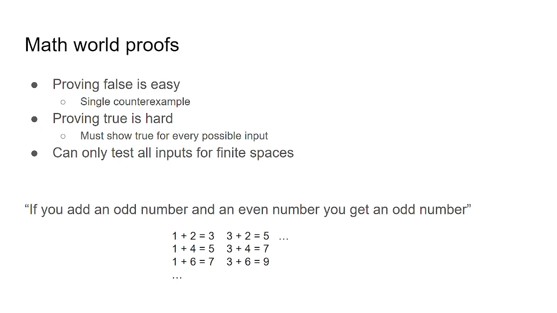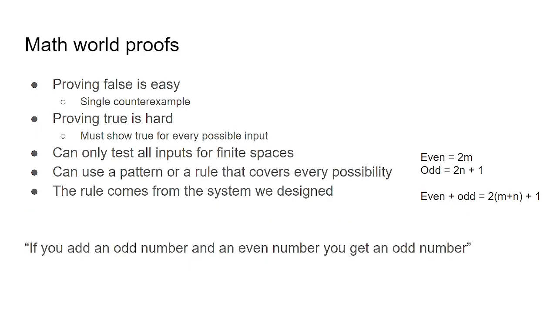And so you generally don't want to try and prove anything by showing a bunch of examples of it being true, because you can't cover every possible input that way. So if the space is finite, you could test every single possible input, but again, a lot of times the spaces are so large that even if you could do it, it's impractical, and so you wouldn't want to prove something that way.